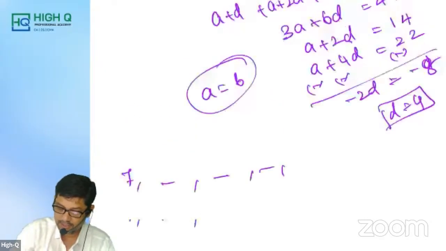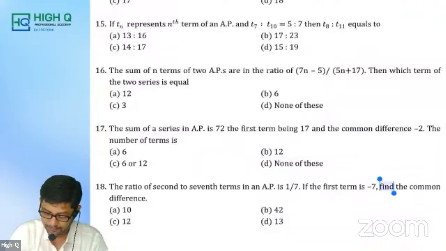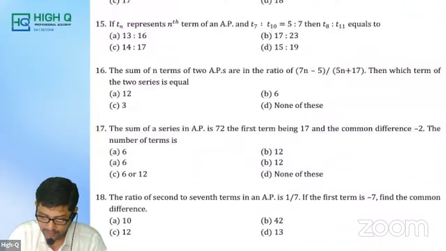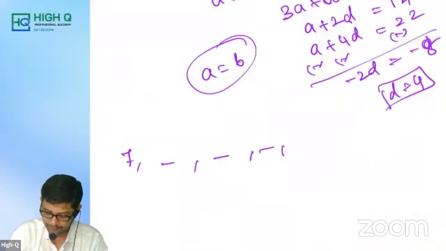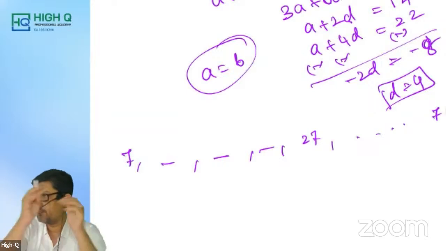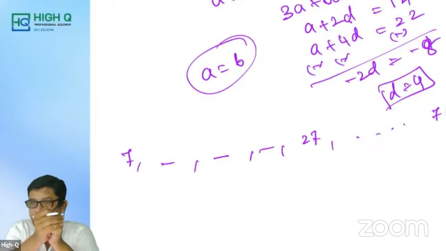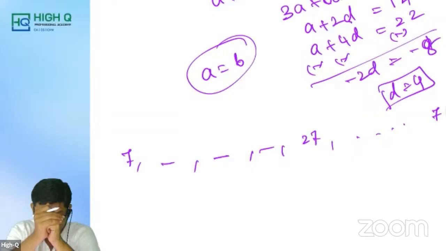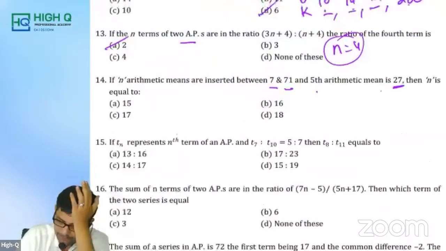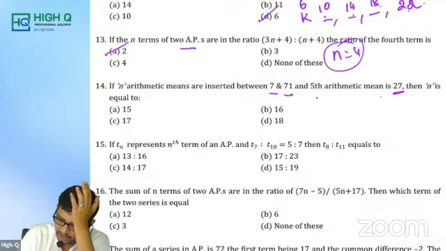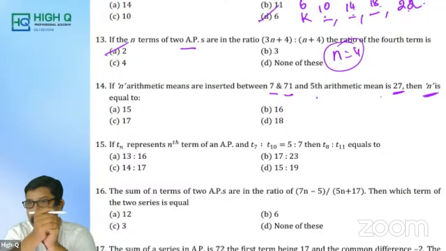But fifth is given as what? Fifth term is 27. That is given. Last term is 71. Am I right, my dear? Between 7 and 71, 27 is coming in between. So what is the question here? We need to find out in total how many terms are there.